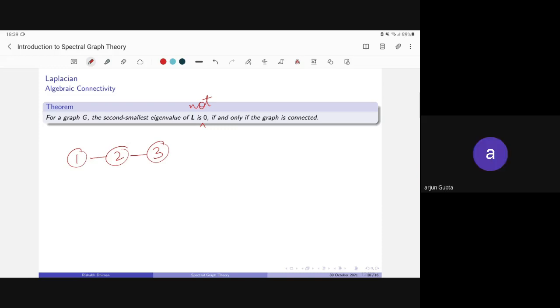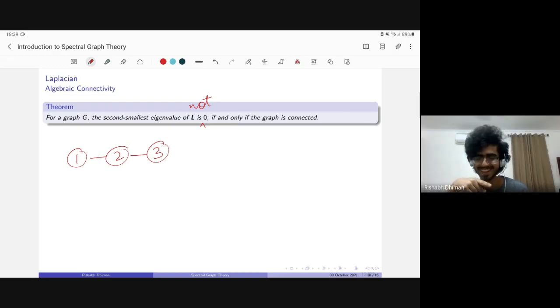From the previous slide, we know that the eigenvalue will be zero if all the terms xu minus xv are zero throughout.